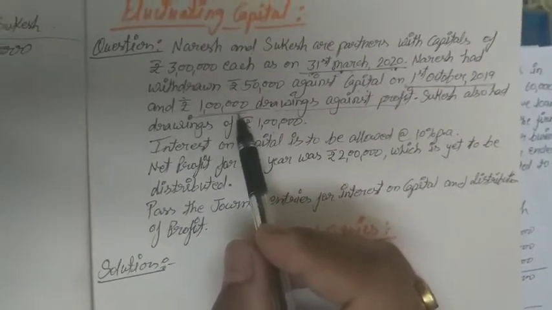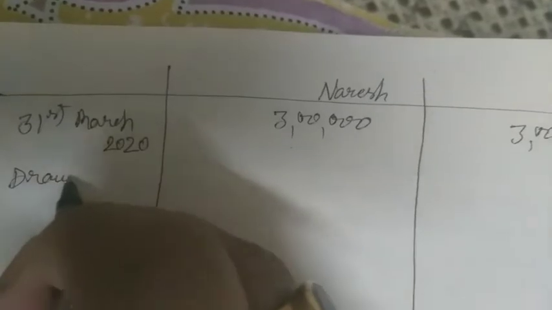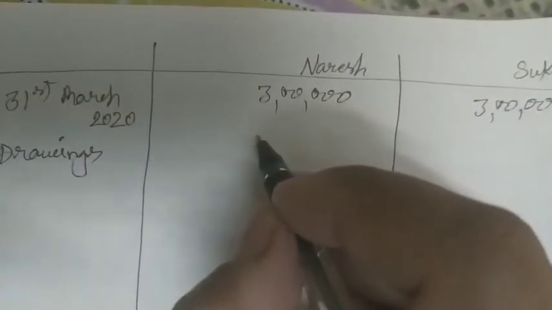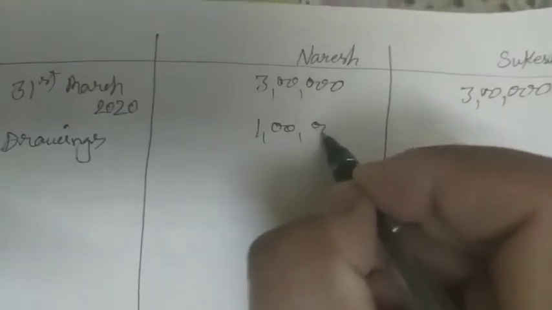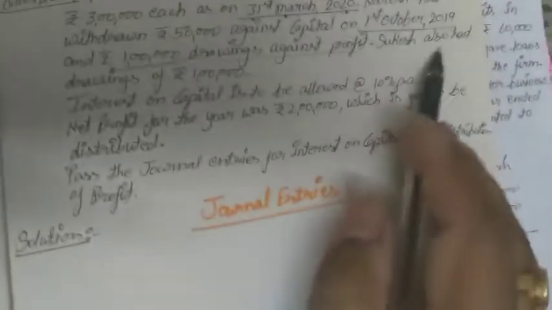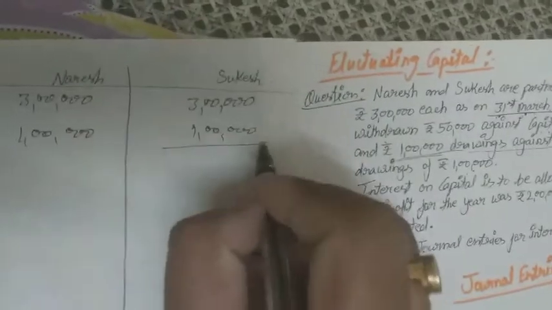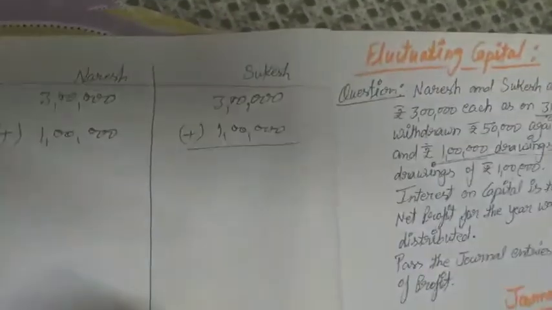Naresh's drawings on 31st March, 1 lakh rupees, and Sukesh's also rupees 1 lakh, so we will write 1 lakh rupees over here. It will be plus.